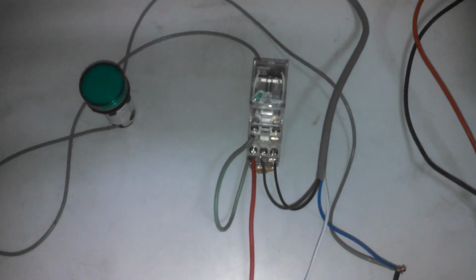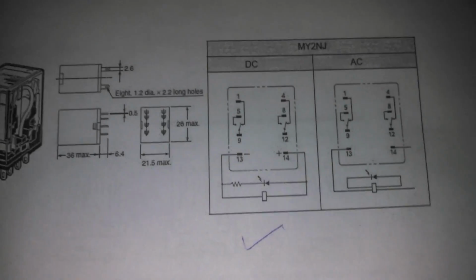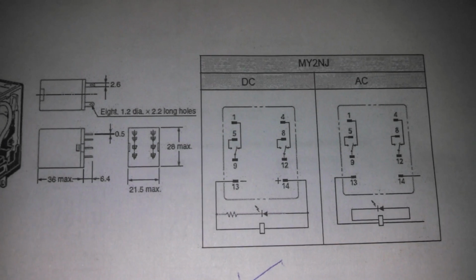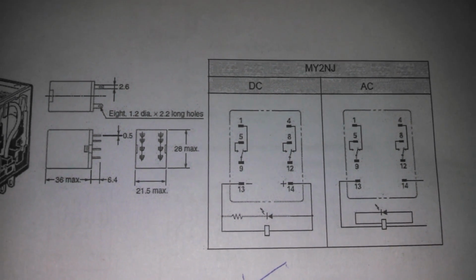A question arises, guys, why are these relays required in the electrical circuit? So let's come to the figure again. As you can see in the figure, 12 is insulated from any of the coil contacts.